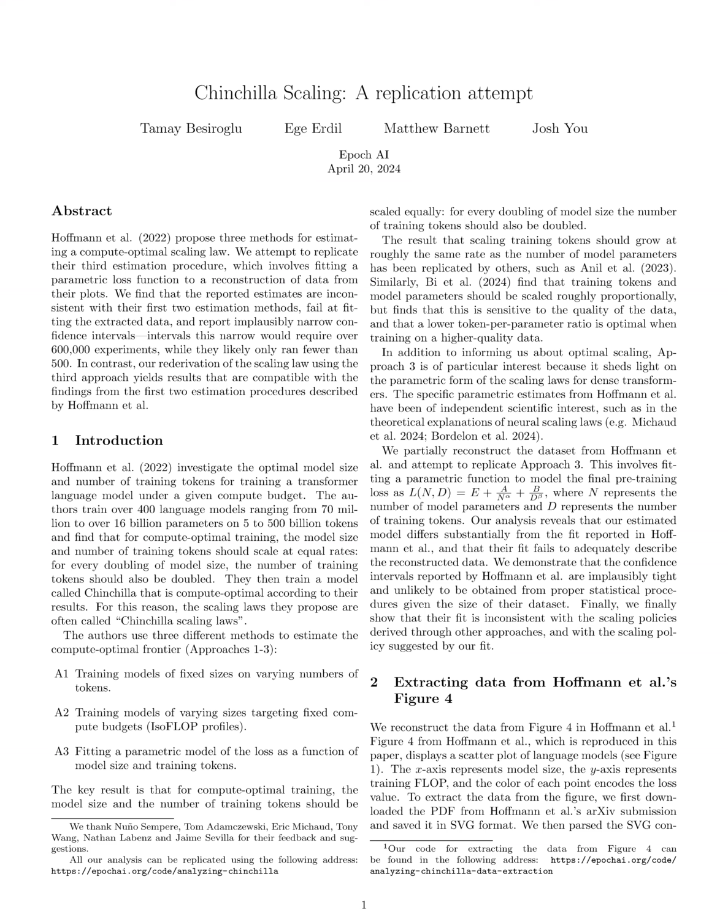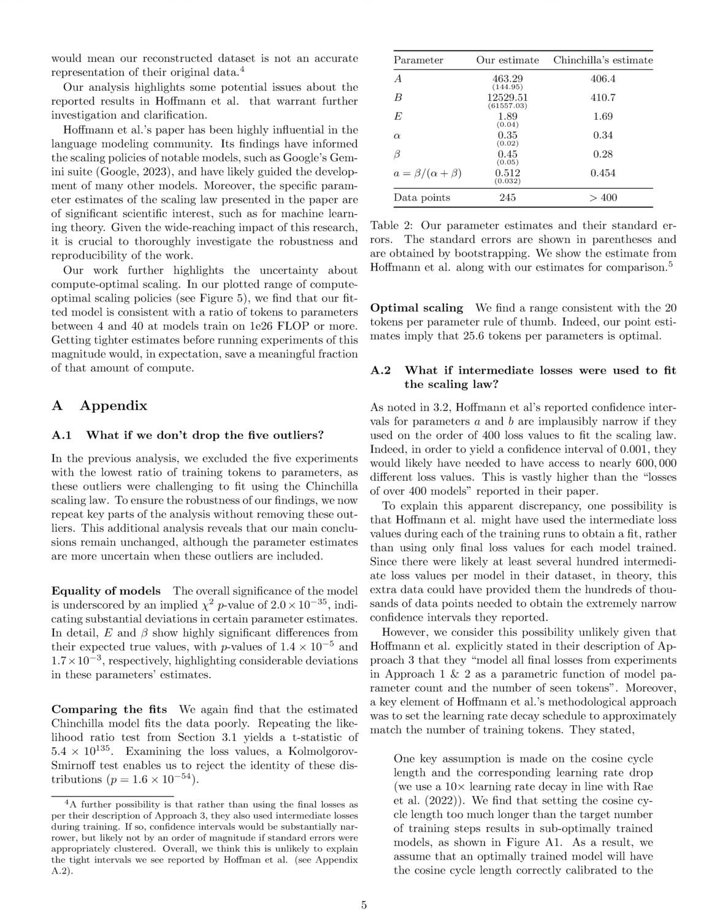They then attempted to replicate approach 3 by fitting a parametric function to model the final pre-training loss. Their analysis revealed substantial differences from the fit reported in a previous study by Hoffmann et al. They conducted a test to determine the significance of the differences between their estimates and Hoffmann et al.'s estimates, which showed that the differences were extremely statistically significant.